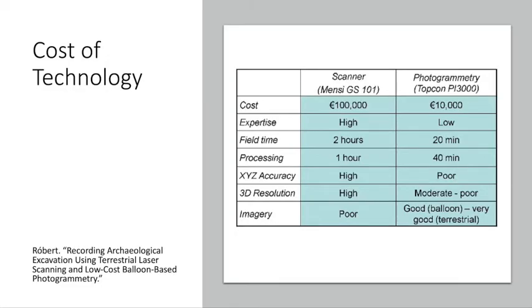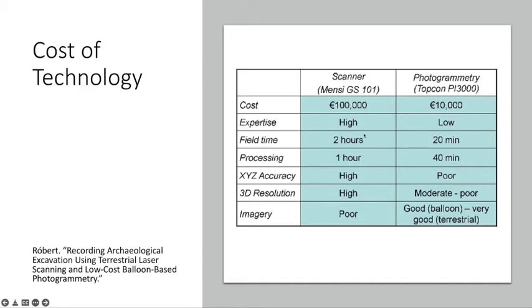Thirdly, the cost of the technology. Laser scanning and photogrammetry, if you see the head-on comparison shown by this study, the cost of a laser scanner is around 1 lakh euro, and for photogrammetry it is around 10,000 euro, which is very much to get implemented.